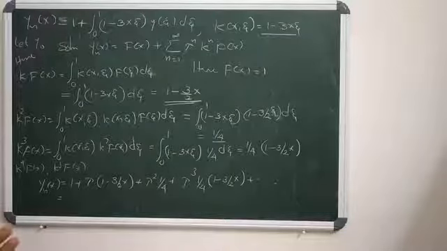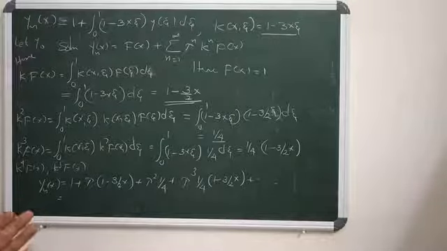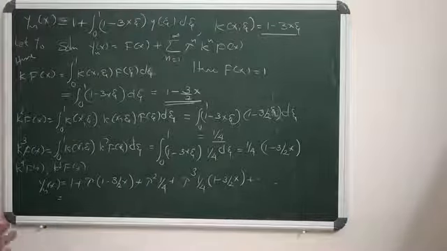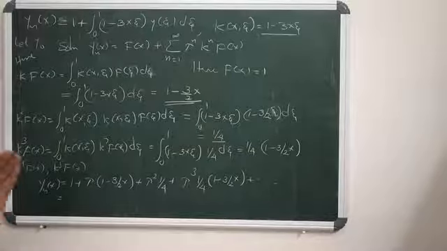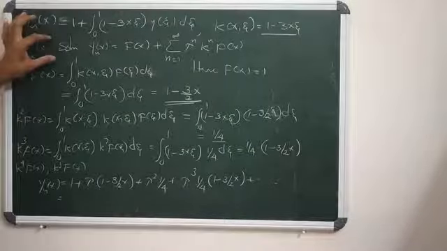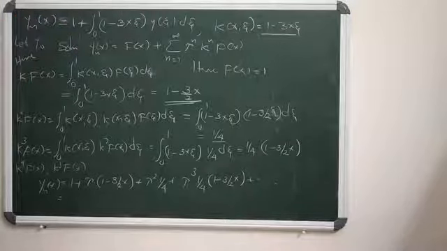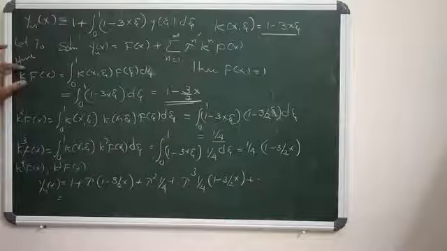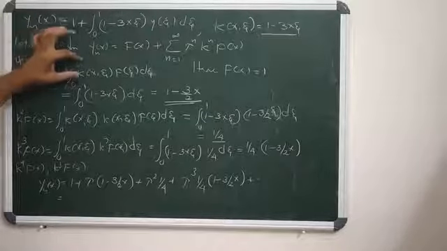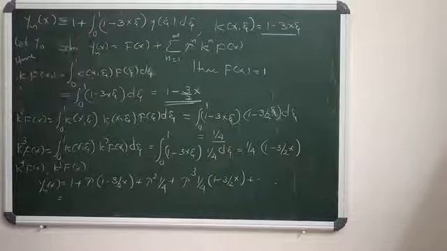First you find y0 to be the initial approximation, and y1, y2, y3 etc. to be the first, second, third approximations or iterations respectively. Then, to find the solution of a Fredholm integral equation using this iterative method, the solution is given by y n of x equals f of x plus sigma n ranges from 1 to infinity lambda power n k power n f of x, where k f of x is the integral from a to b of k x theta f of theta d theta.